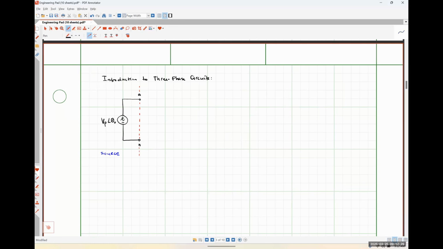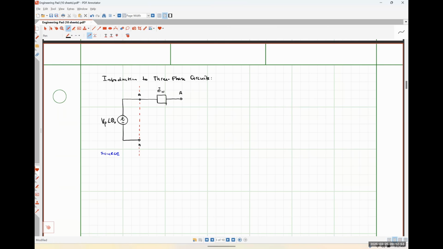Here in the middle, I'm going to give myself an impedance that I'm going to call ZW, which is the impedance of the wire that I'm using to connect my source to my load here, which will be on the right-hand side.